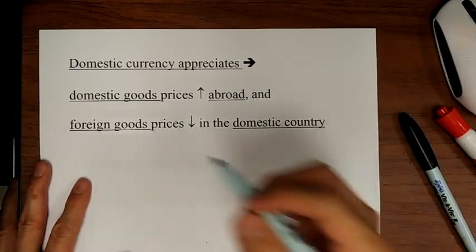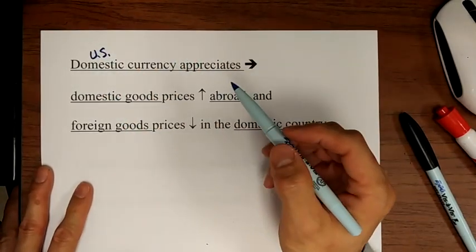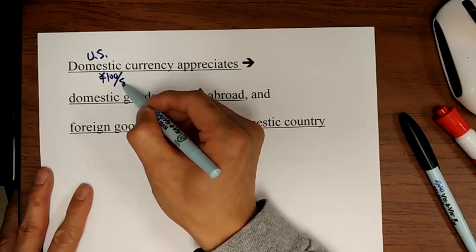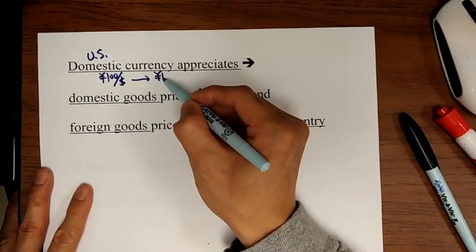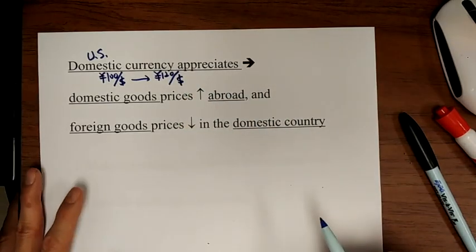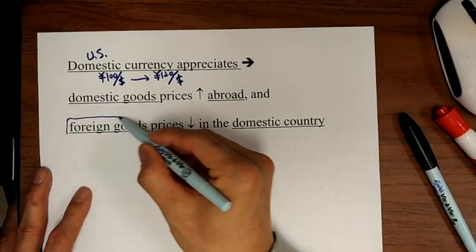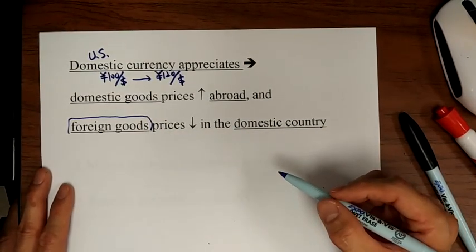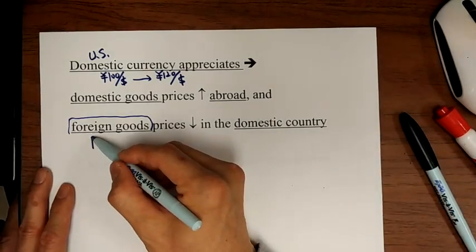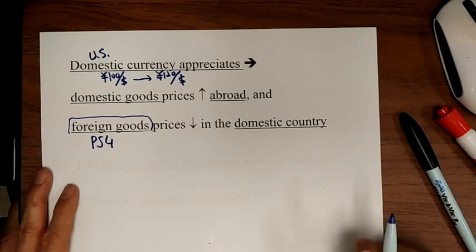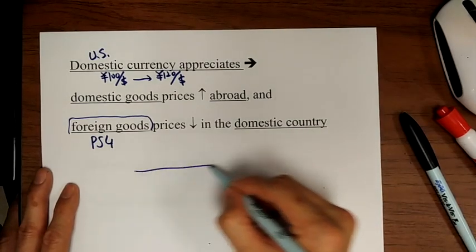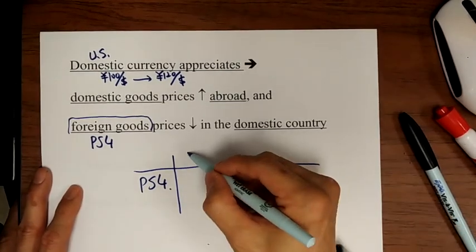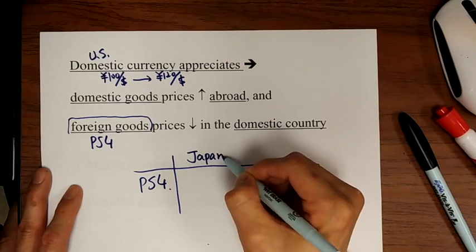Now, let's continue. Again, US dollar appreciates, going from 100 yens per dollar to 120 yens per dollar. Then foreign goods, Japanese goods. What does Japan produce? Say PlayStation 4. It is produced in Japan by Sony.